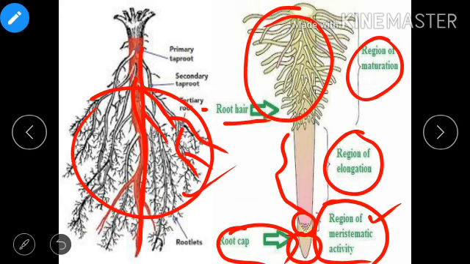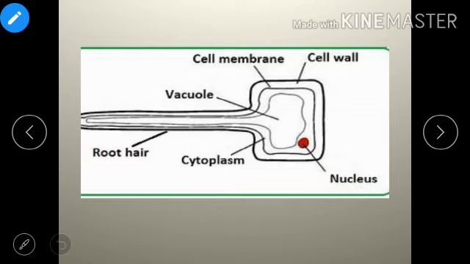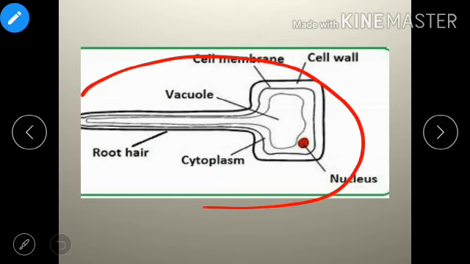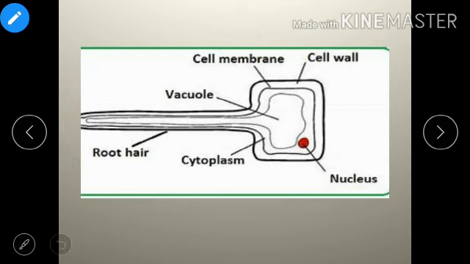Okay. Now next is anatomically. Anatomically means the internal structure of the root. In anatomical structure, we can study the internal details of the root. Here you can see the picture of internal details of root hair.